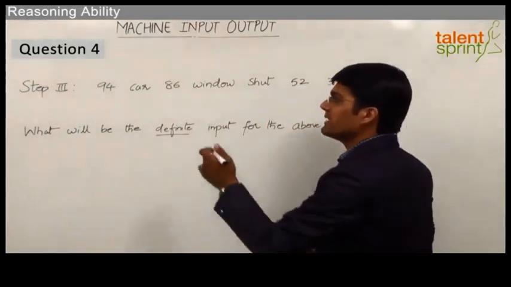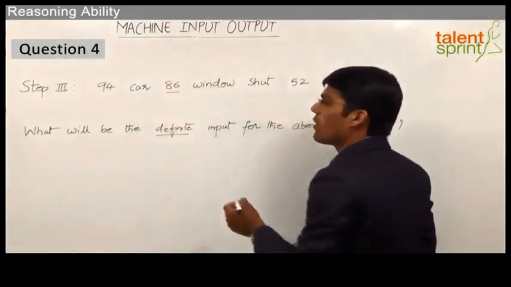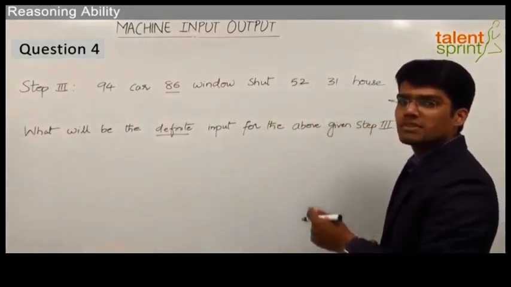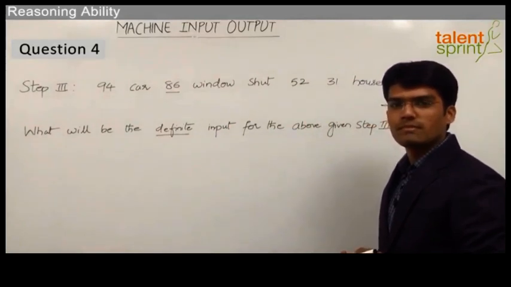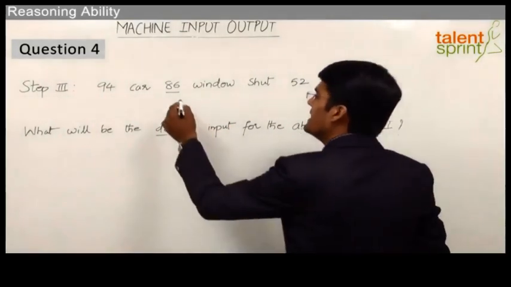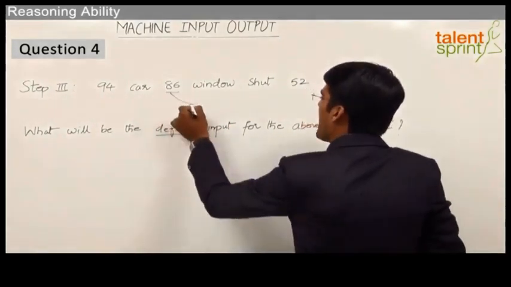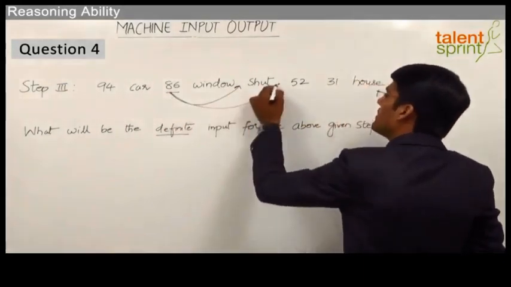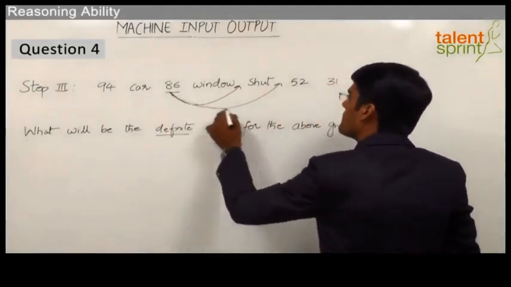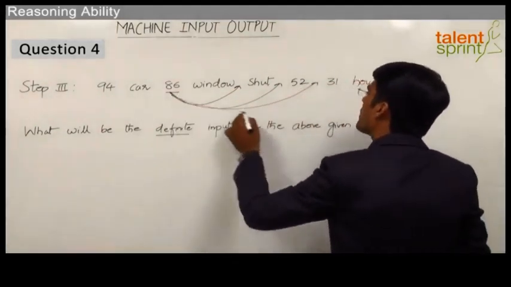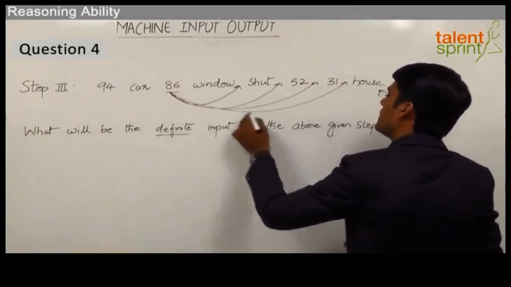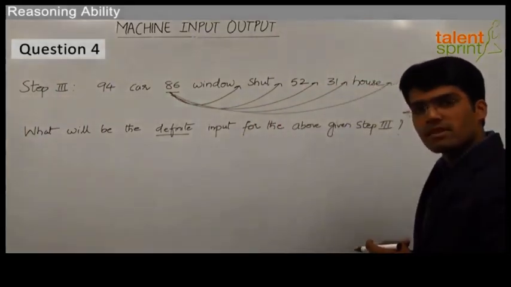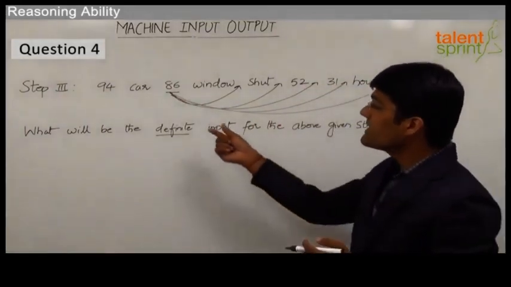That means this number 86 was brought from some other position in step 2. So I can say that 86 might be after window, or it might have been brought from this position, or maybe from this position, or from this position. So as you can see, there are various cases possible.